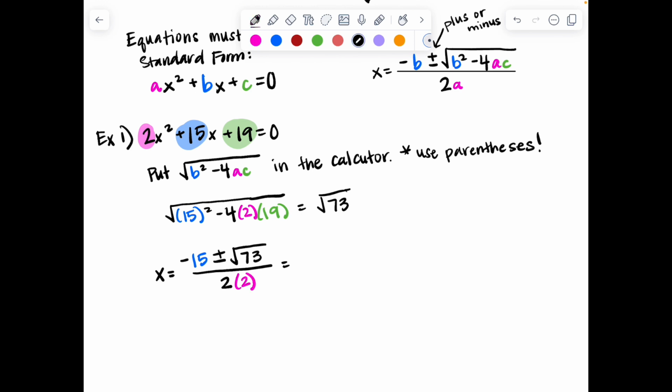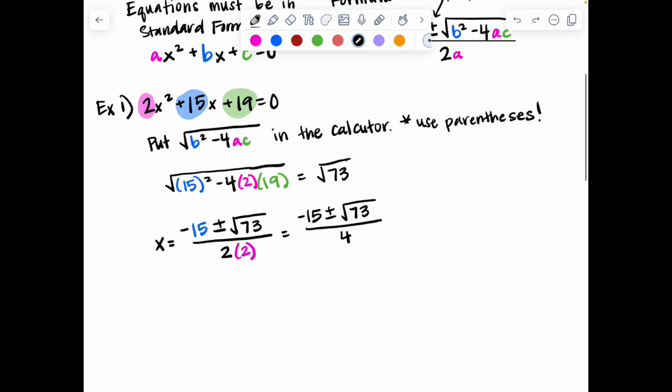If you put that into your calculator, it's going to just spit it out as this. It might switch the top two and say the square root of 73 minus 15, but it's going to leave it as a radical. And remember, you can't put it in your calculator with this symbol. You have to use one or the other.